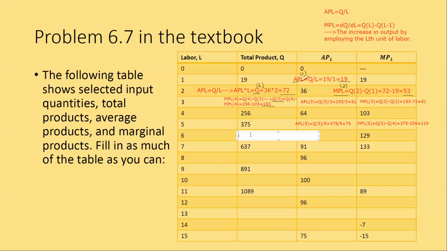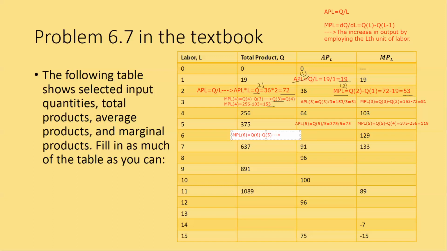So this cell, the total product when we use 6 units of labor, is slightly different. Here we are going to use the second equation again, because when we are missing both the total and the average, we must use the marginal to derive it. We can see that MPL6 is Q6 minus Q5, right?